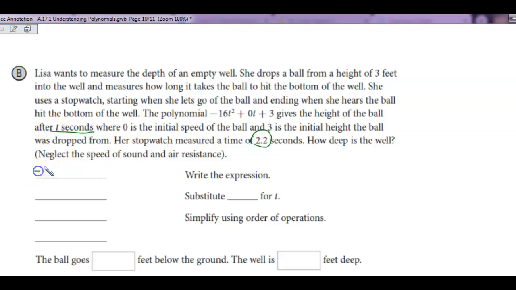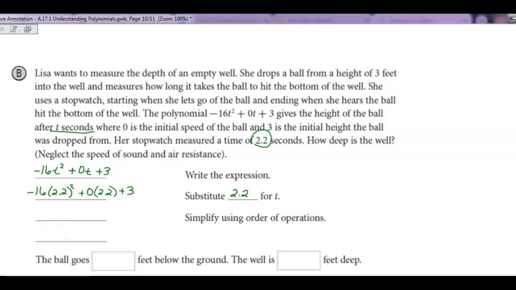So the first thing we're going to do is write the expression down. And we're going to substitute 2.2 for t. So we have negative 16 times 2.2 squared plus 0 times 2.2 plus 3.